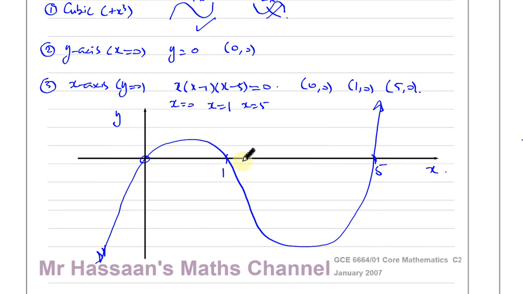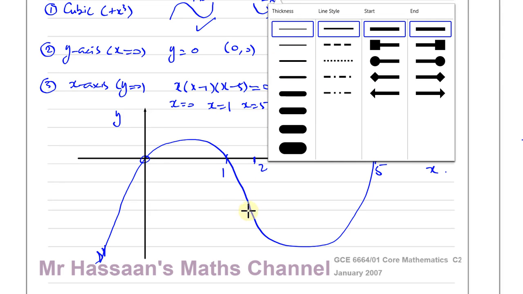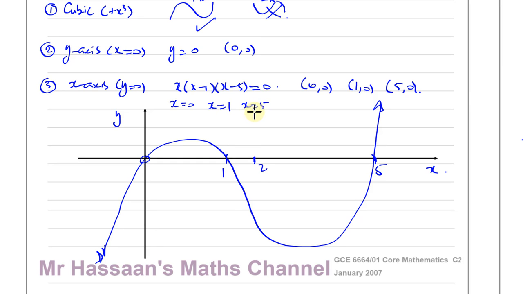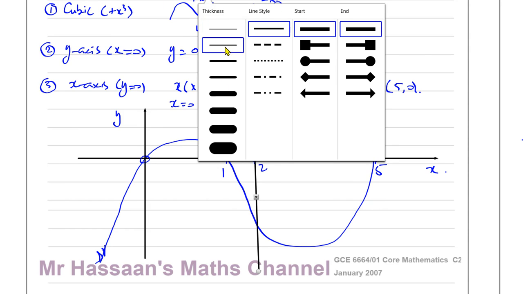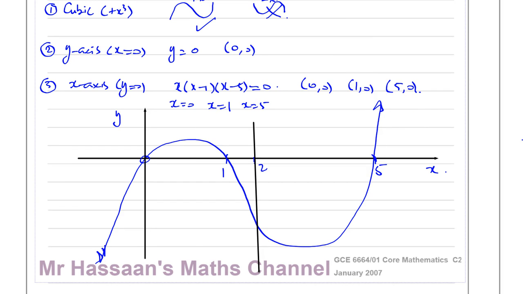So I also have to draw the line x equals 2. It's a vertical line which passes through the x-axis at 2. Is it straight? Okay, this is the line x equals 2. Make it a bit thicker.